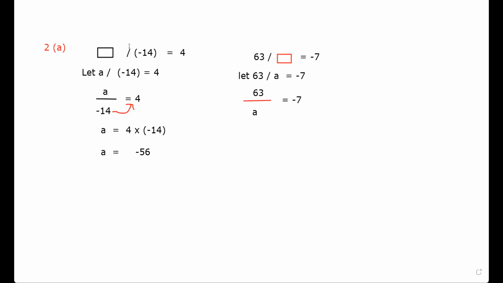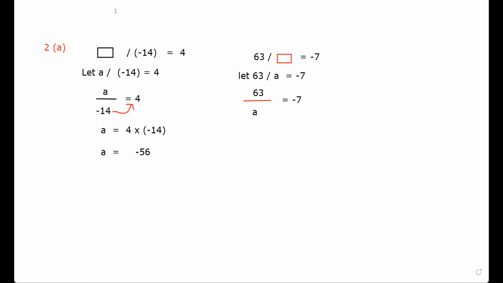So my dear student, you can see that 63 upon A is equals to -7, and we need to find the value of A. You know that we always make the like terms on one side. 63 and -7 both are numbers, both are integers, and A is a variable. So we need to shift the numbers.